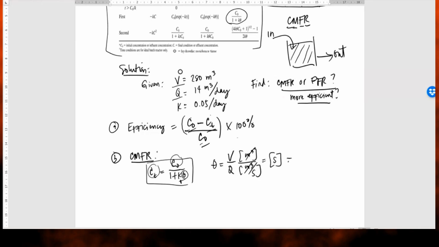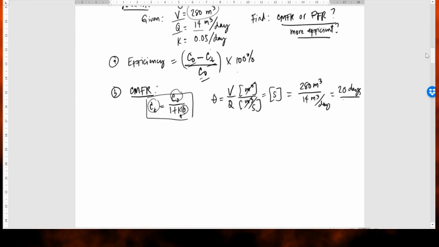So in this case, we have V, which is given. The volume is 280 cubic meters, and Q is 14 cubic meters per day. So the answer for this is 20 days. Now we have the 20 days for theta, and we will put these 20 days into this equation.